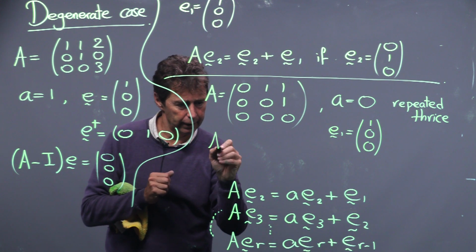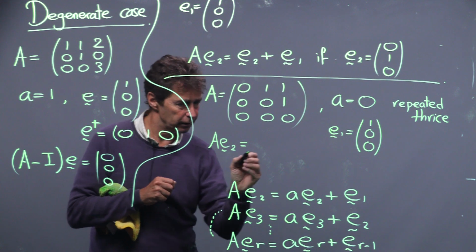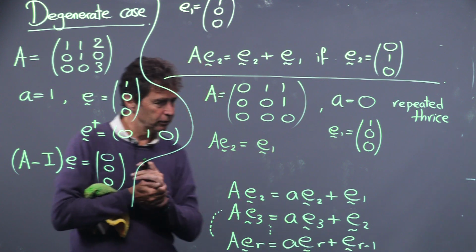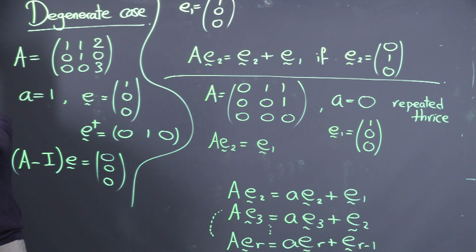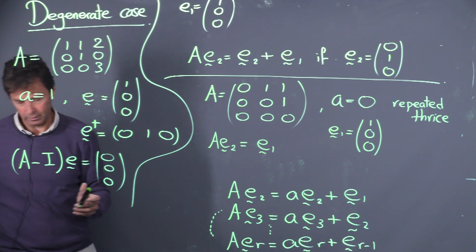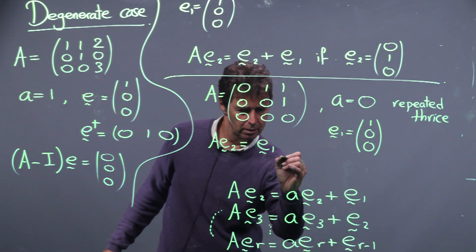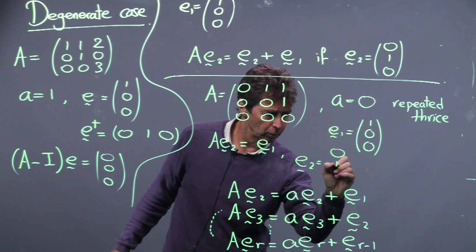Then A times E2, since little a is equal to 0, I need an E2 that satisfies that. I've forgotten to write that down over there. You can quickly verify that E2 is 0, 1, 0 again.